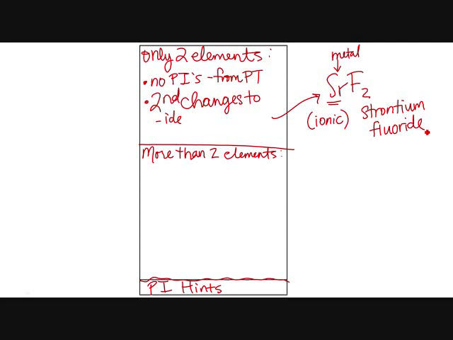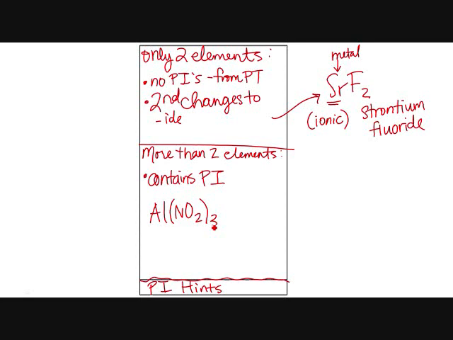Now, if it has more than 2 elements, that means it contains a polyatomic ion, 1 or more. And so then you need to use the name for the polyatomic ion. So for example, this can go in your flip chart: Al(NO2)3.